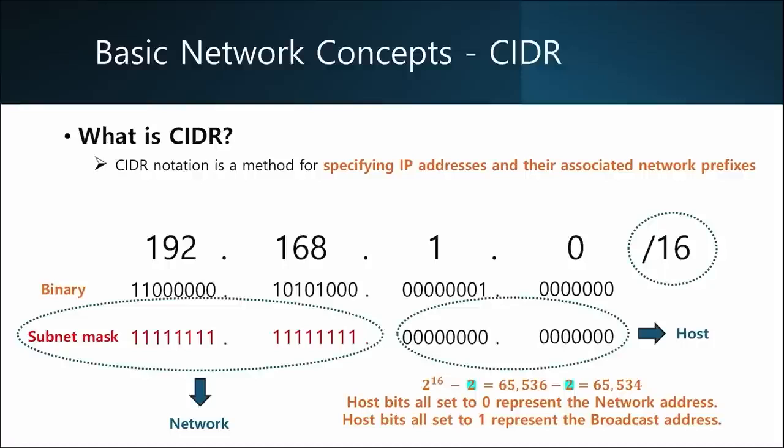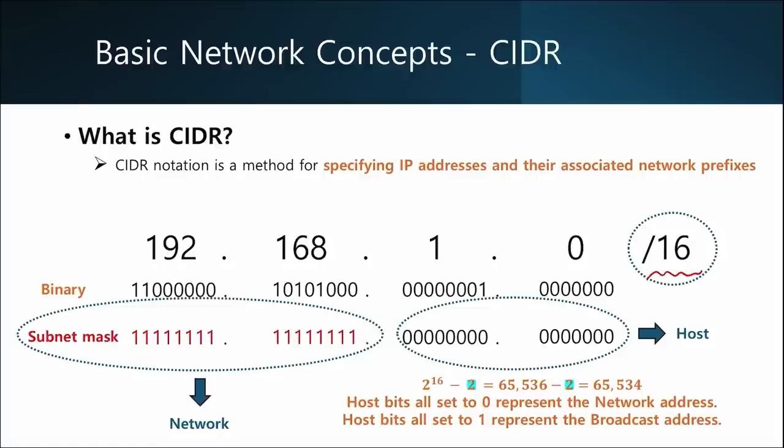Next, let's learn about CIDR notation, which helps you manage and activate your network more efficiently. CIDR notation is most commonly used by appending a slash after an IP address and a number indicating the length of the network prefix. For example, it would be in the format 192.168.1.0 followed by a /16.